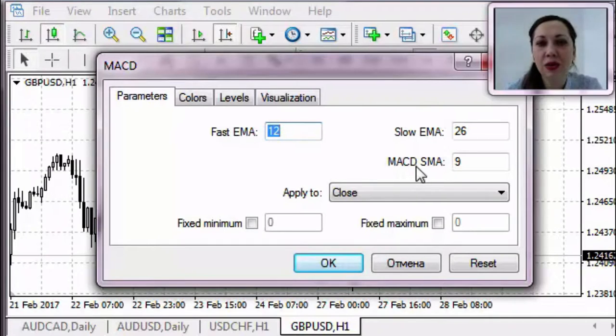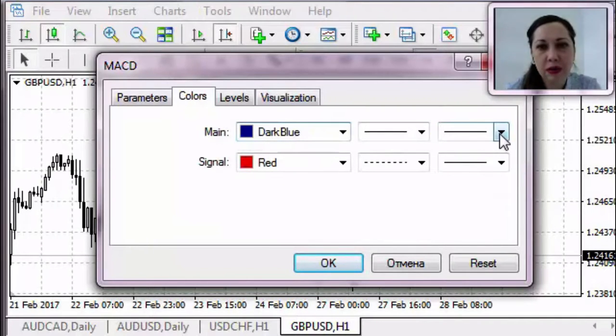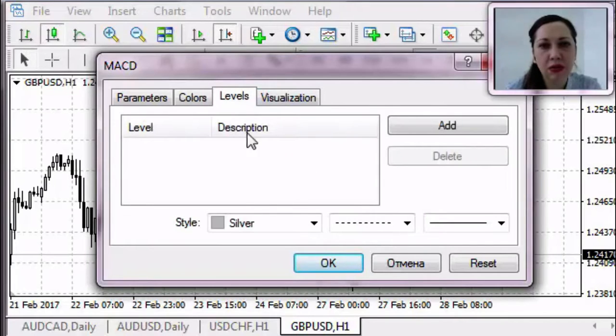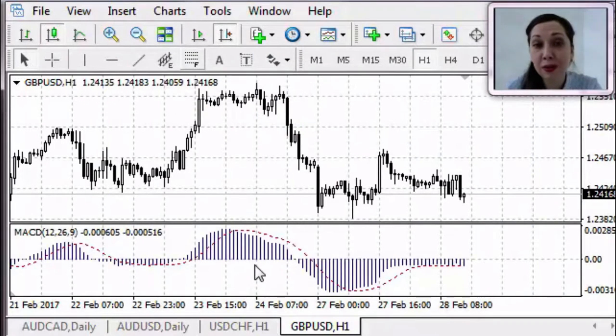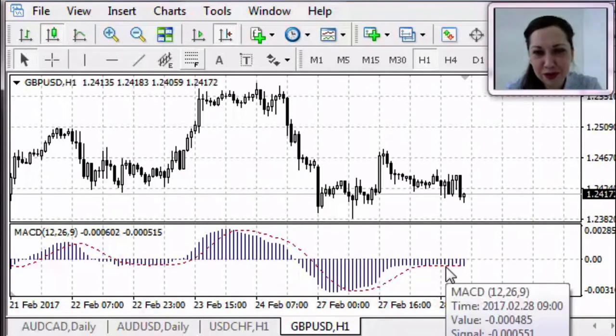And the signal line is an MA, MACD SMA. Colors, I like colors. I don't need any levels here, visualization. Let's leave it classical. So this is how it looks: the histogram and slow line, and the signal line in the form of a moving average.